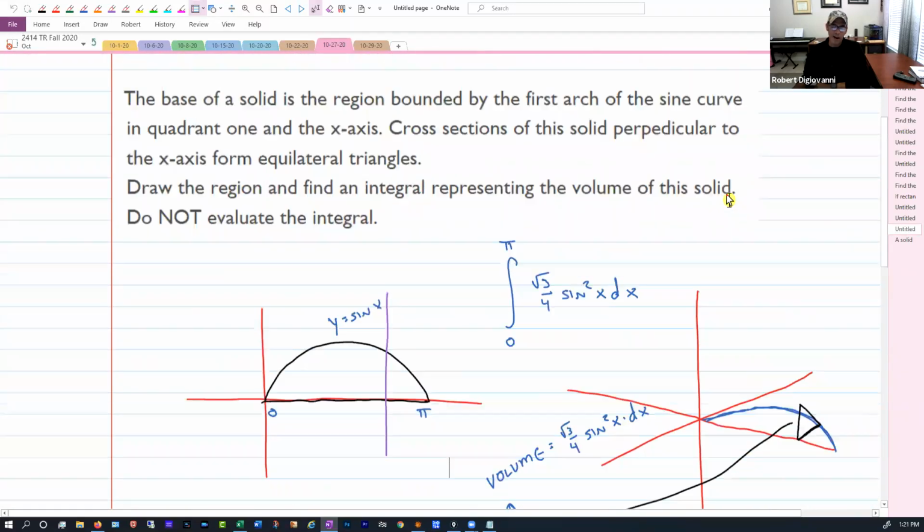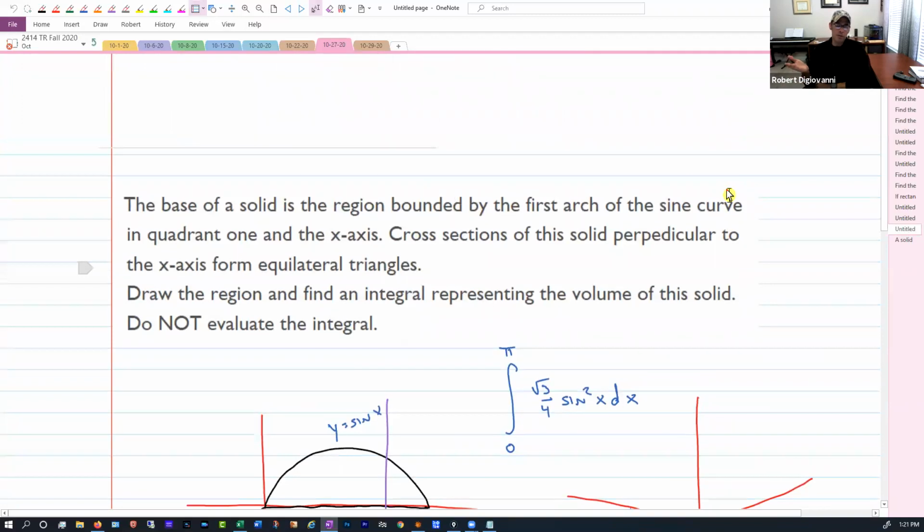So I would anticipate that if I give you a problem like this on the test, which I will, there's no question about that, the big thing for you is going to be, what do the cross sections look like? I'm pretty much going to stick to either circles or semicircles or squares or equilateral triangles. So as long as you are comfortable with those, you should be okay.